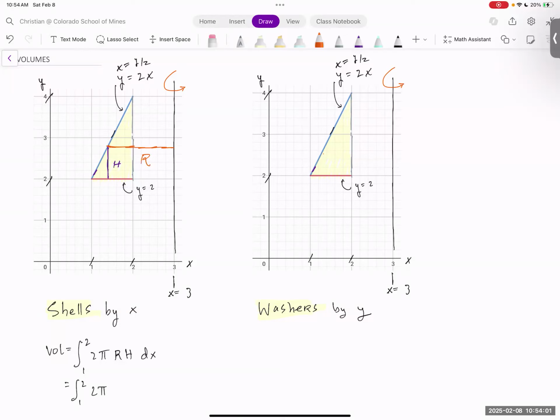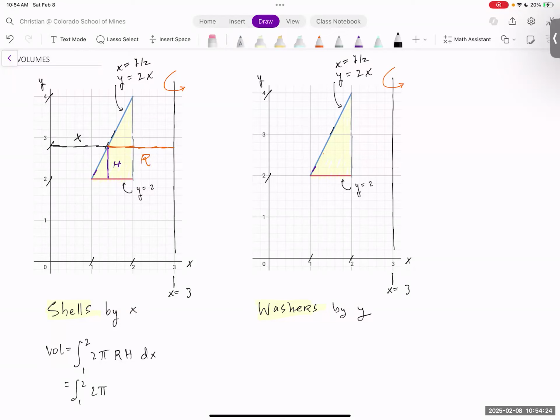And that radius distance, we need to account for this piece over here. This piece is a distance x, because it's the horizontal distance from the y-axis out to the curve, and the curve is x equals y over 2. So we're either going to represent this distance here as x or y over 2, but we're going to use x because we're integrating with respect to x.